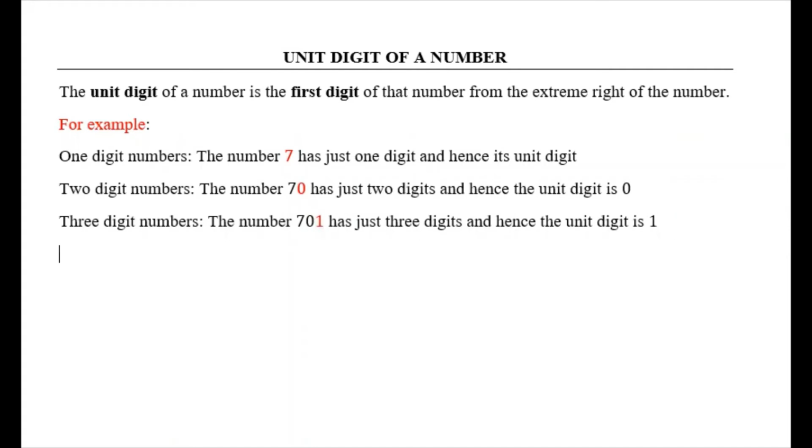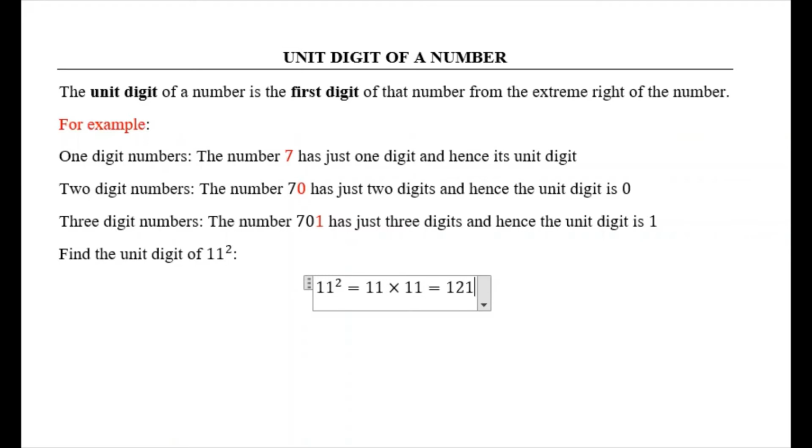Alright, now these numbers here are numbers that you can actually see, you can actually write them linearly. What about numbers that you cannot write linearly? For example, if I ask you to find the unit digit of 11 squared. You can easily express 11 squared as 11 times 11, and when you use your calculator you get 121.